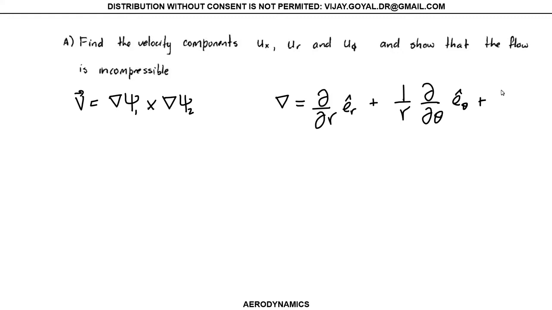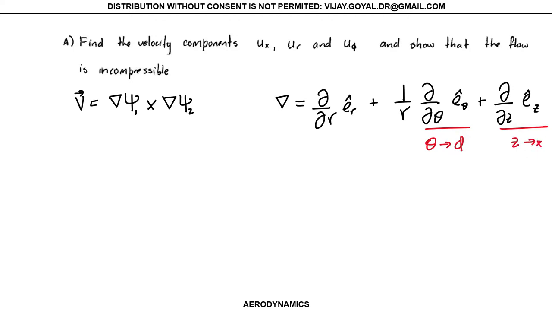Just give me 1 second. It's partial of z, ez. Now, this is what we had in class. In our problem, what you have to keep in mind is that instead of theta, I have phi, and instead of z, I have x.